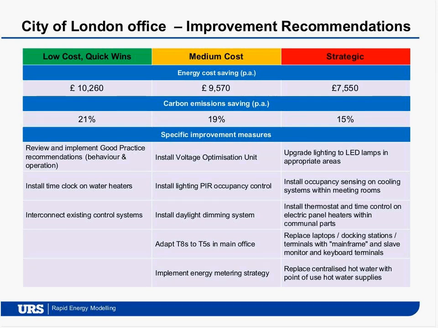By improving that control system, and we've written the brief spec for exactly what needs to be done, they can have better control over their heating, ventilation and air conditioning systems and bring down the operational cost there, and also some time clocks on water heaters.